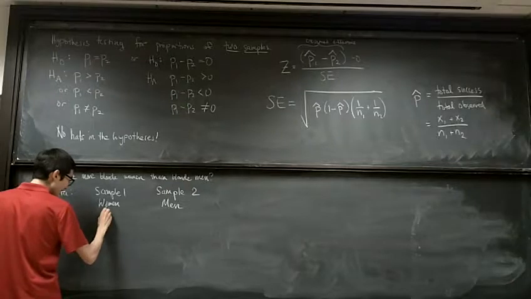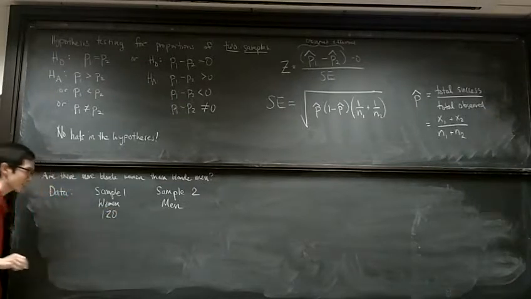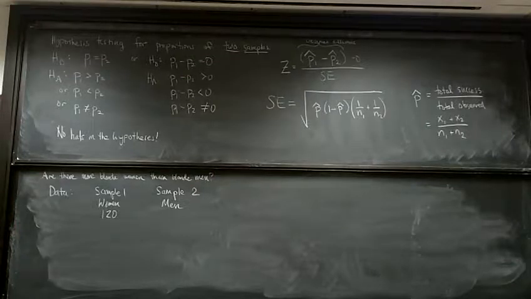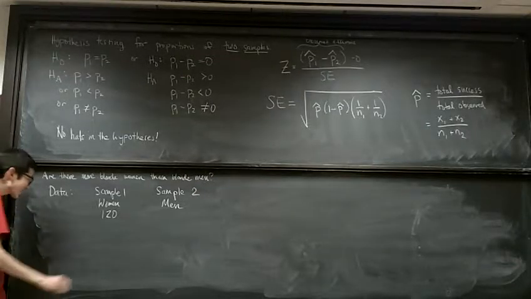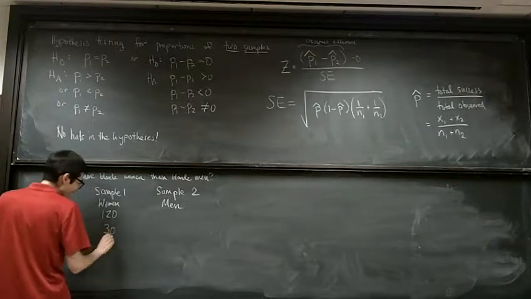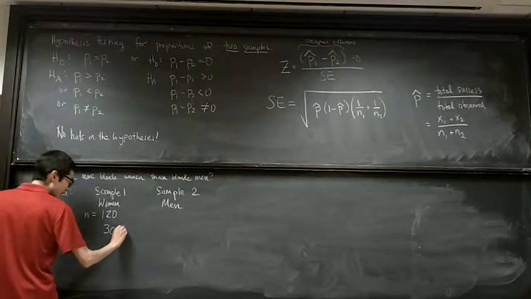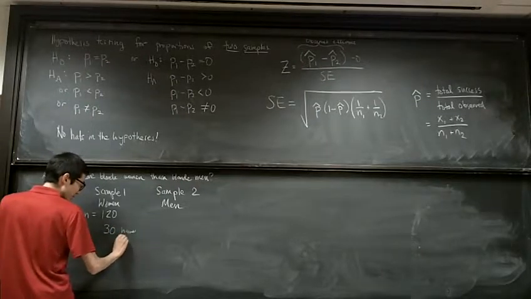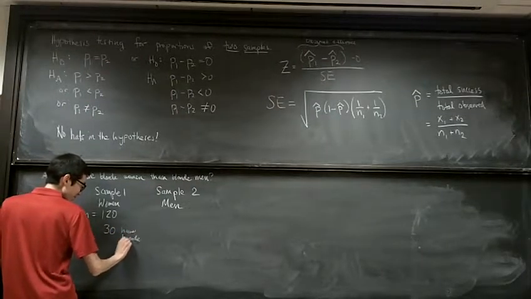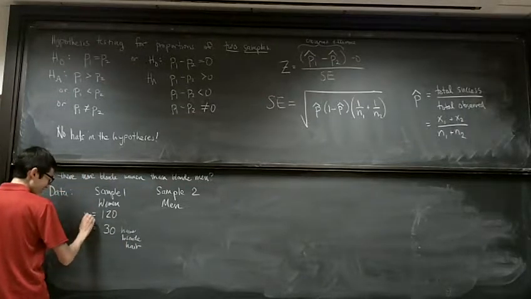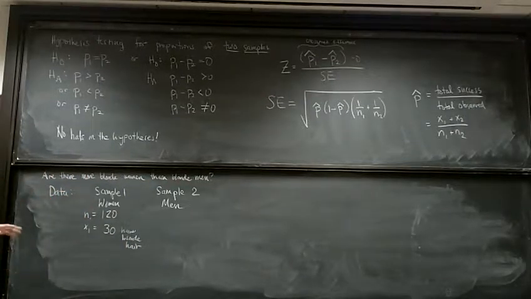Okay, 120 women. And how many of them had blonde hair? Let's say 30. So n equals 120 and x equals 30.